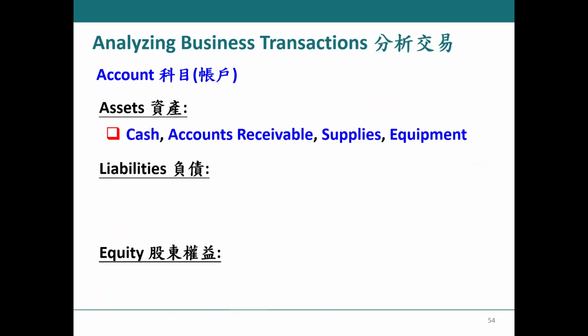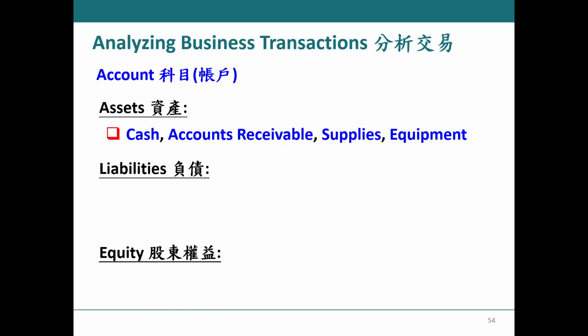And don't forget, when we try to write down the reason and results, we need a specific name. Cash, accounts receivable, they are assets. But you know, cash is not the same as accounts receivable, right? Because different accounting names tell you different situations.